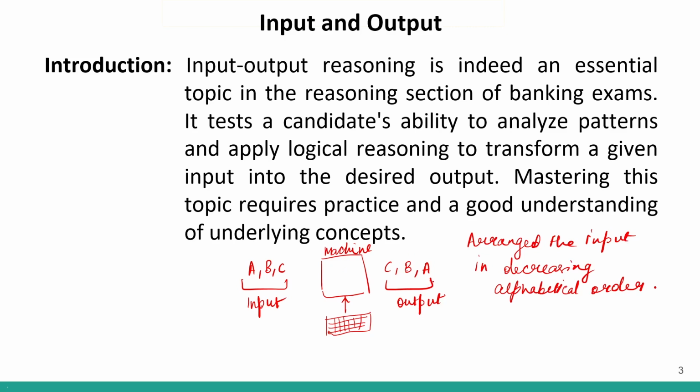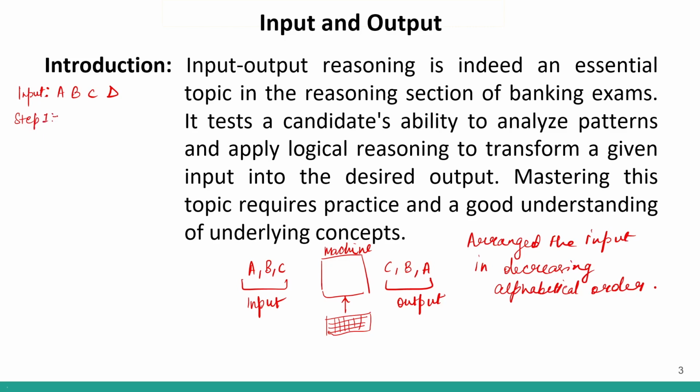So in your examinations, what you will do is you will get a question. In that question, it will be written, for example, it is A, B, C, D. So I have put this input in the machine. Now the machine has given me an output.